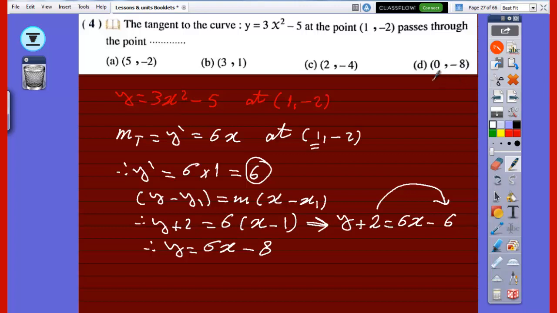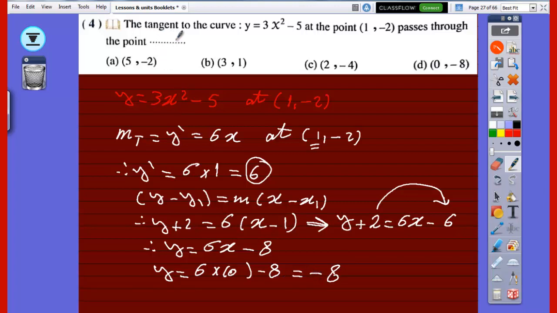When you substitute x equals 0, here we have y equals 6 multiplied by 0 minus 8 equals negative 8. 0 minus 8 equals negative 8.